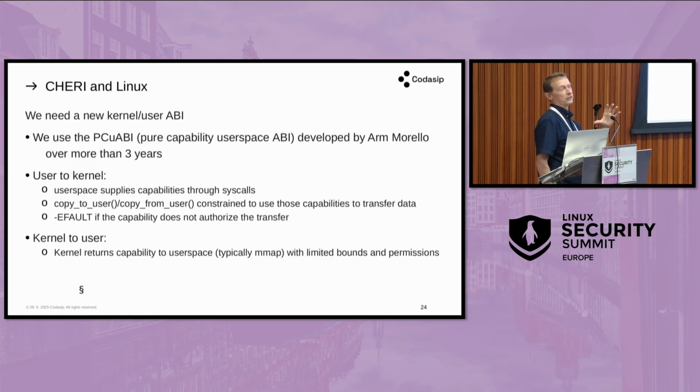But the thing is, if you get a capability from user space to the kernel, incoming, then obviously you're limited in the kernel by the stuff that the user space has supplied you in terms of bounds and access permissions. So you're already starting to constrain the interface and the memory use between the two. Similarly, when you go from the kernel to user and things like mmap, you can limit bounds and permissions that you give, for instance.